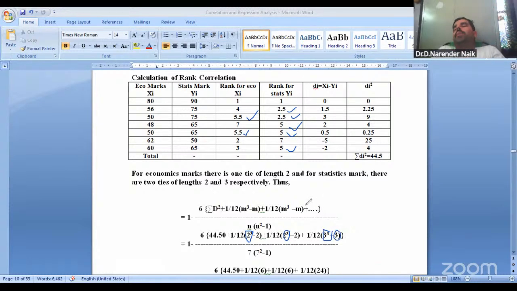So in the economics marks, one rank is repeated 2 times. In statistics marks, one rank is repeated 2 times and another rank is repeated 3 times. 2 students got the same marks and 3 students got the same marks.